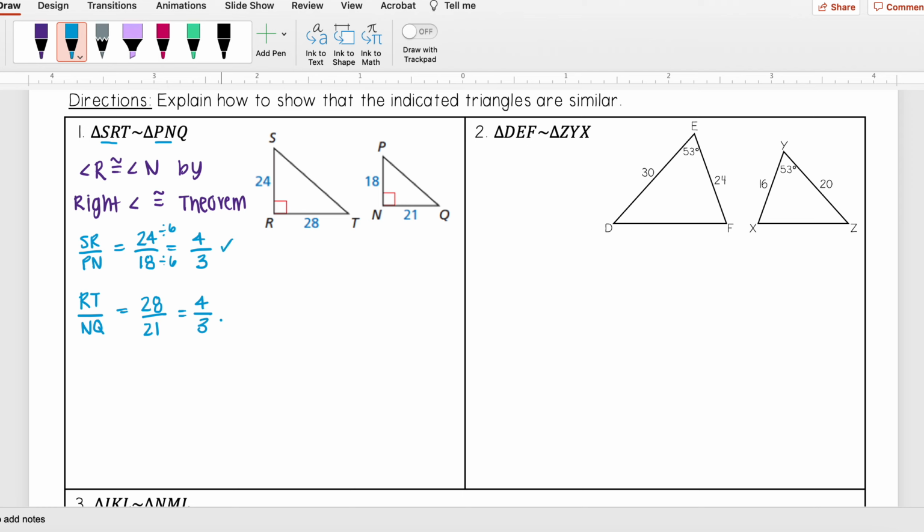And so I see that these both match up. So therefore, I can say that triangle SRT is similar to triangle PNQ by side angle side similarity theorem.